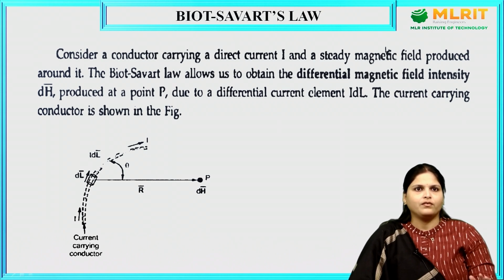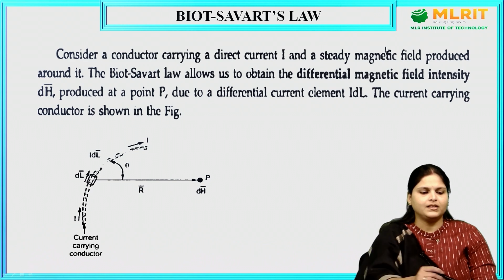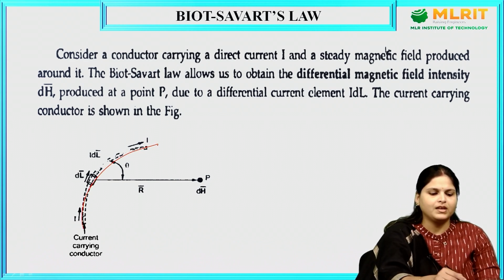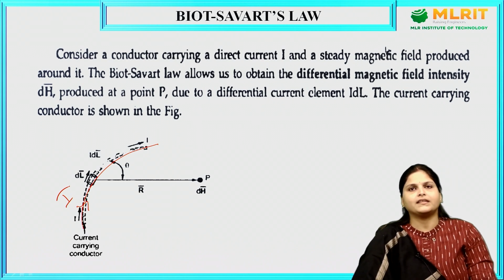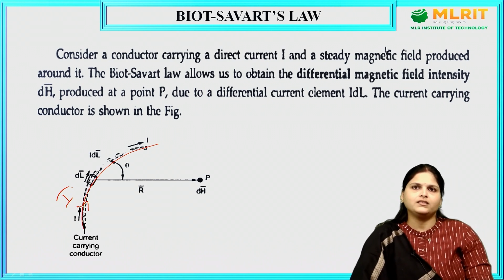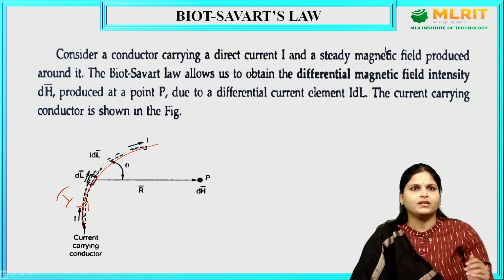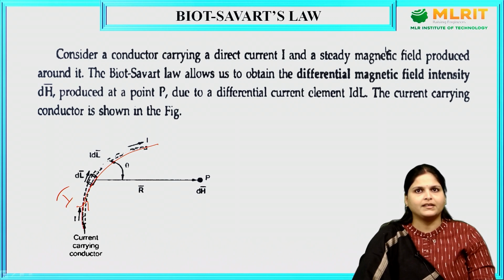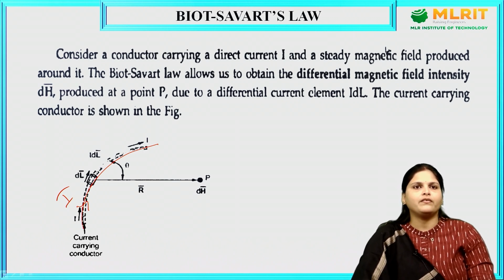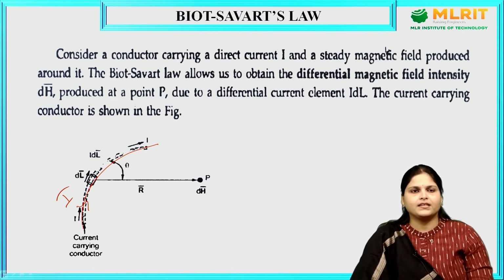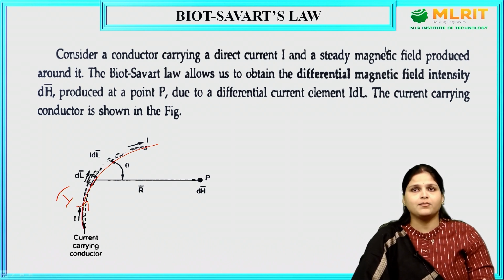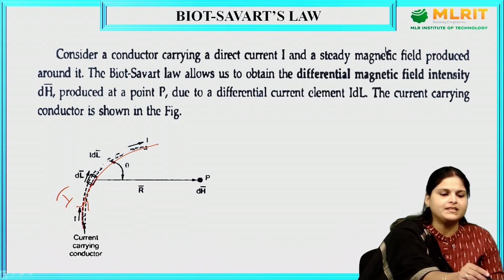Next, this is the arrangement in the diagram which we need for understanding Biot-Savart's law. We are considering a conductor carrying a direct current I, and a steady magnetic field will be produced around it, as we know that a current carrying conductor produces a magnetic field. This Biot-Savart's law allows us to obtain the differential magnetic field intensity.